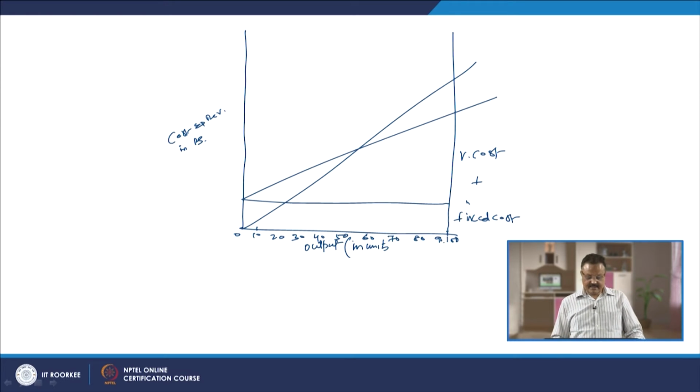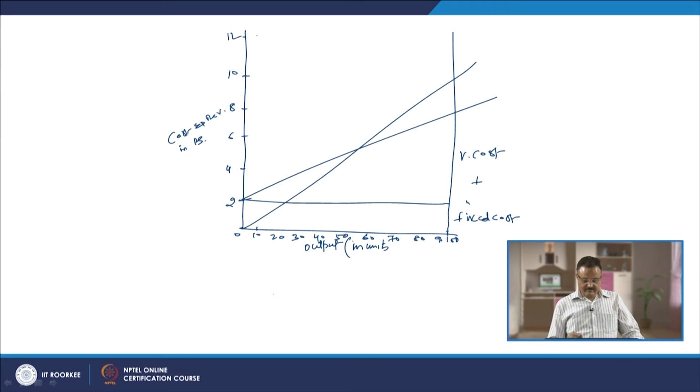For example, this is the number of units; it can be thousands, or any volume. Here we take the revenue, for example in lakhs: 2, 4, 6, 8, 10, and finally 12. So this is the revenue line.